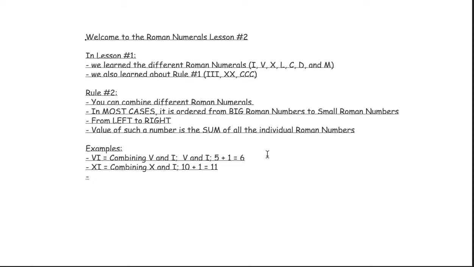Let's now combine three Roman numerals: X, V, and I. Again, reading left to right, big to small. What is the value of this number? X is 10, V is 5, and I is 1, and therefore the total is 16.